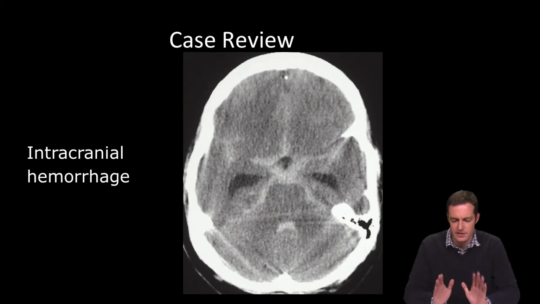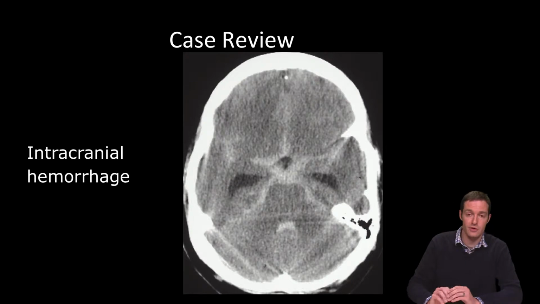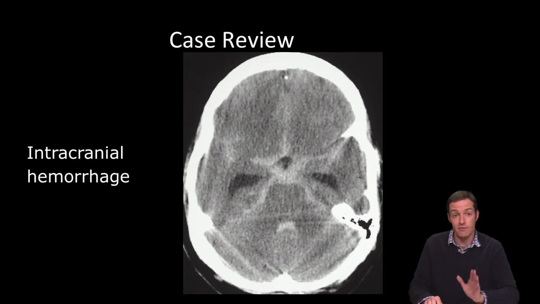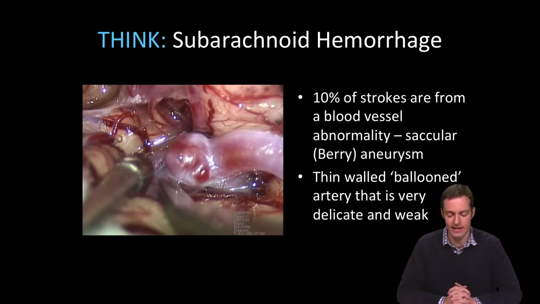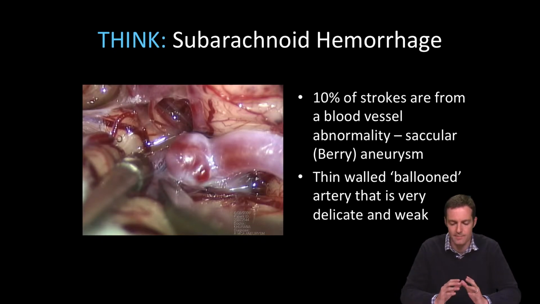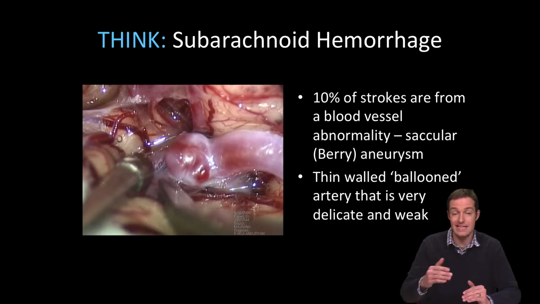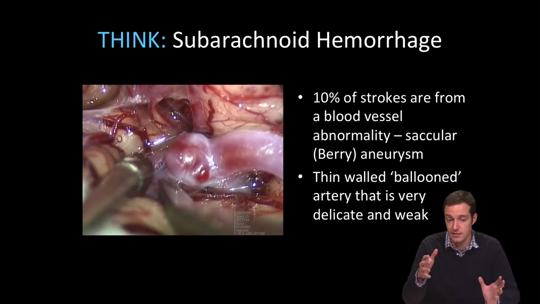To review, the patient does have, on the CT scan, intracranial hemorrhage, blood in the brain, which is also known as a hemorrhagic stroke. Now, hemorrhagic strokes account for about 20% of all strokes, and half of those are from what we call subarachnoid hemorrhages. And what that means is that there's bleeding next to the brain and in the brain that is directly related to what we call Berry aneurysms.